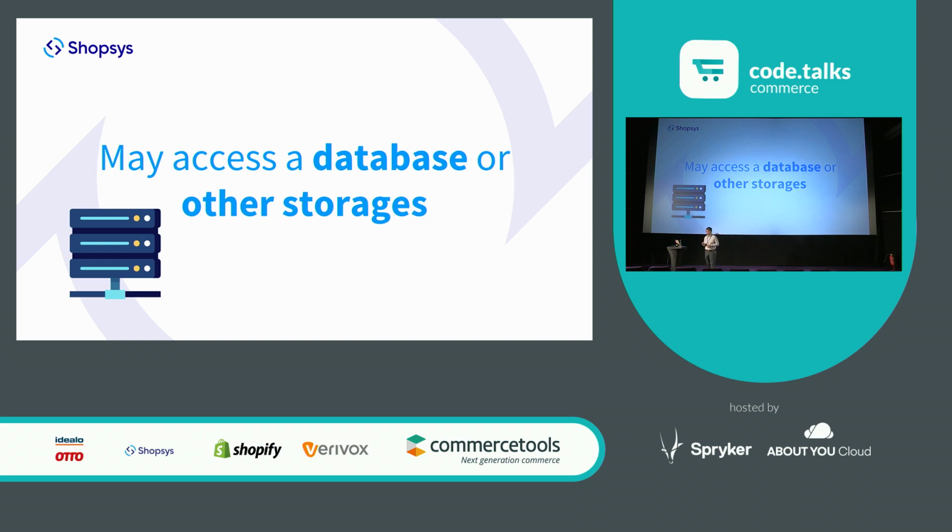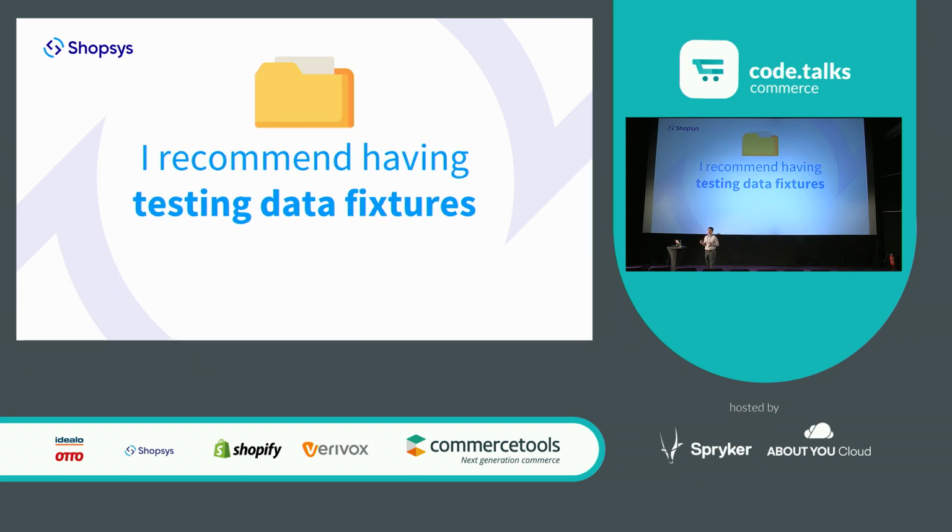This, of course, comes with a price because they are slower than unit tests, and you have to isolate the external storages. Well, you have to isolate, for example, data that was saved into a database.